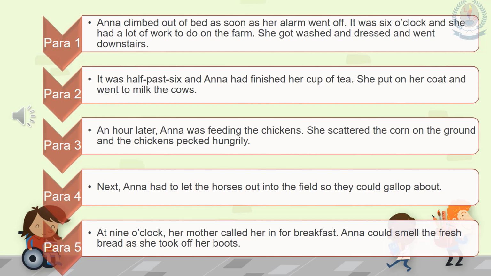Now you can see how this story about Anna is arranged. It is arranged into 5 paragraphs, and especially they mention the time. Time to time, in each paragraph, it shows what Anna did.